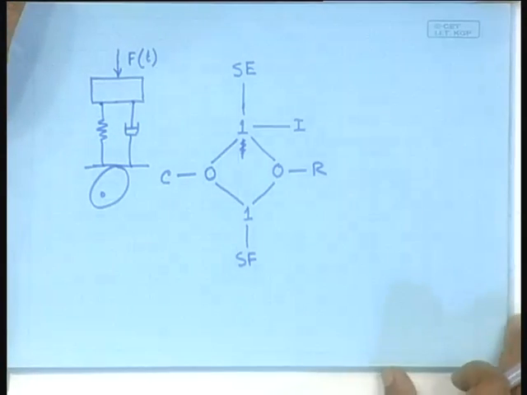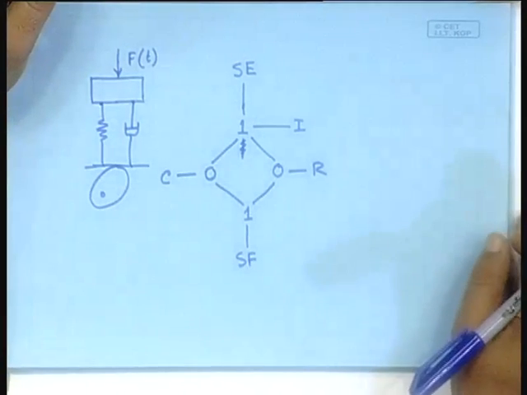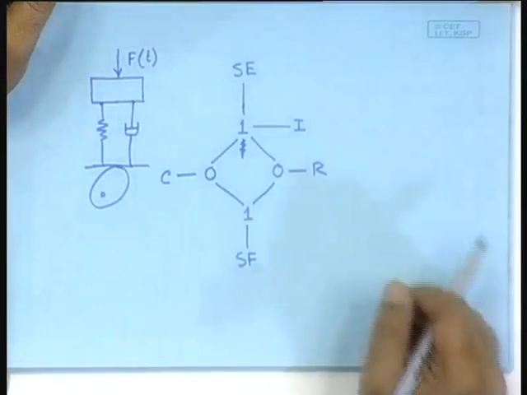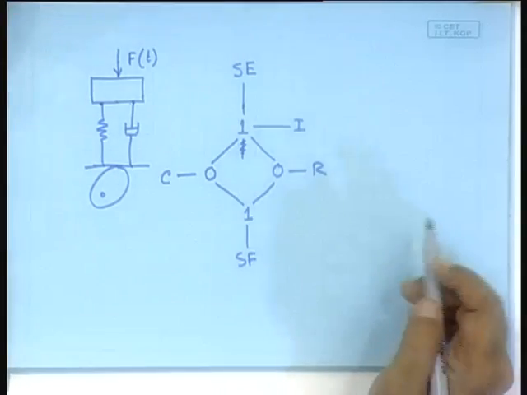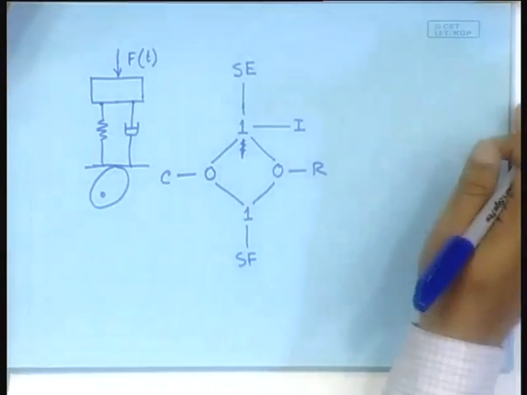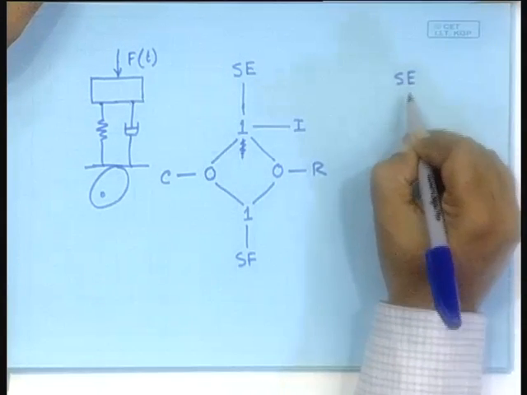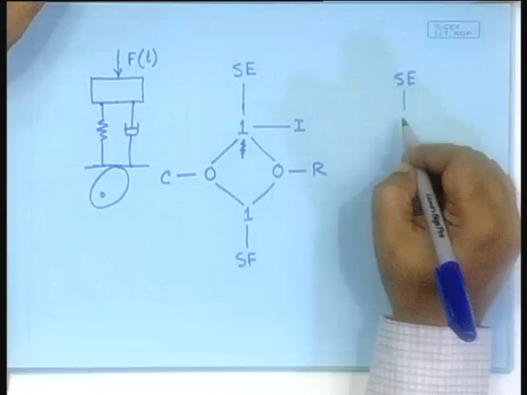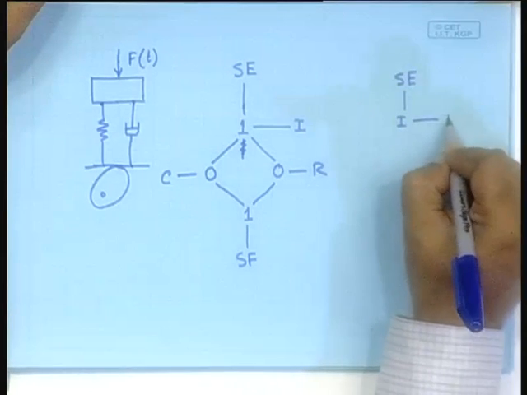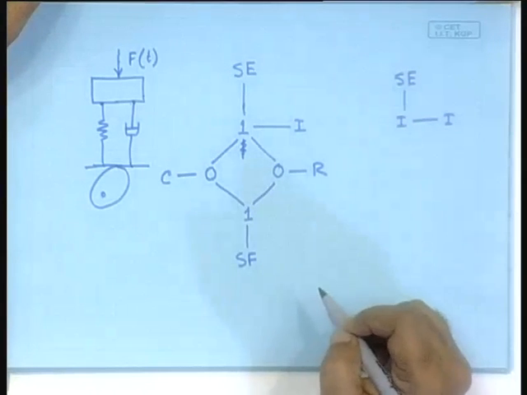Now, you might say that no, I do not like that argument. I can formulate it in a completely different way. For example, anybody could argue this way, that suppose here is an SE which is connected to an I element, there is no problem about it, but what is after that?